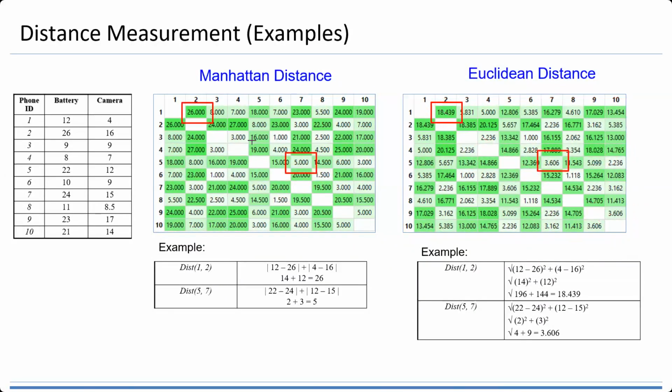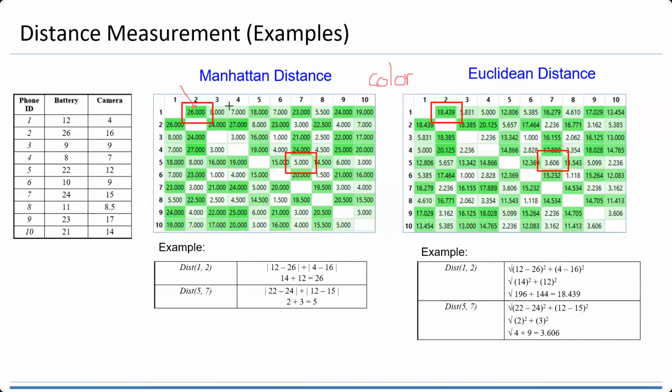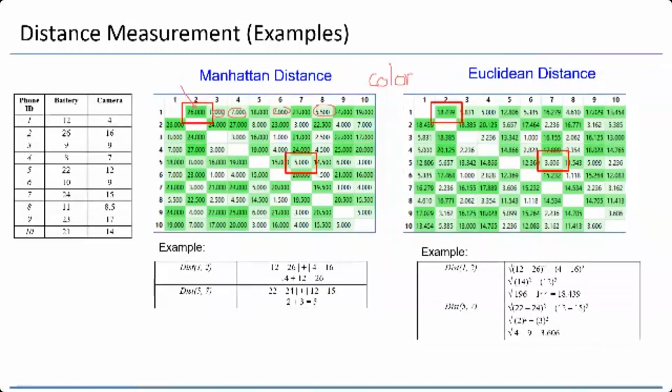In orange, so this is the result from orange. It is clear with the color. When you have the color, it means that when the color is green, the distance is high. When the color is light green, the distance is small.